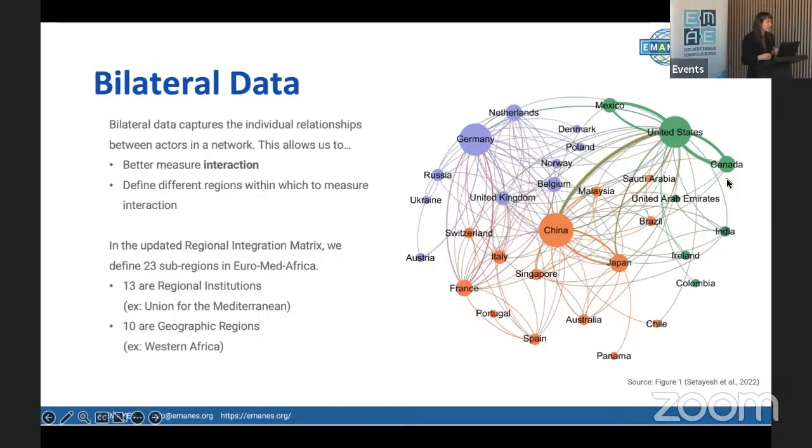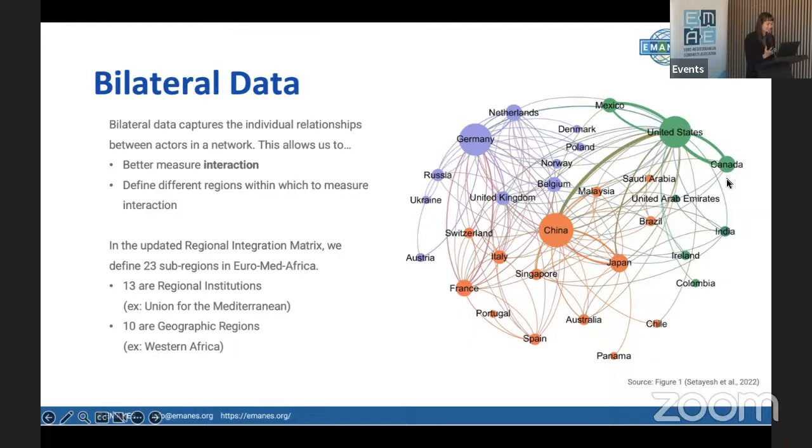So for example, for trade between the US and China, we can say this many dollars of trade happened. Between, say, Afghanistan and Germany, for migration, we can say this many people moved between X and Y. And this allows us to look more closely at interaction, because we can define which sets of countries we are looking at the interaction of.